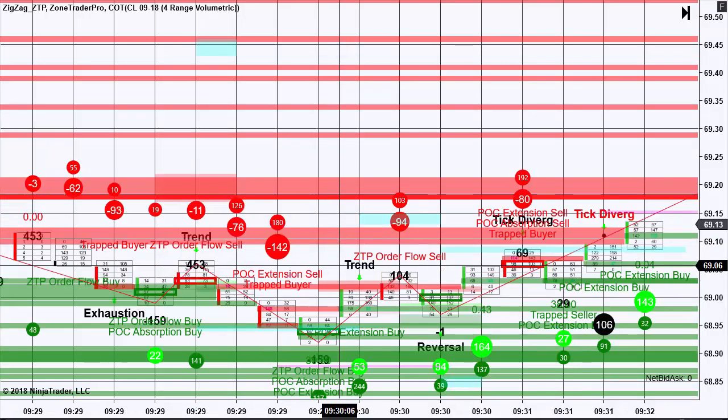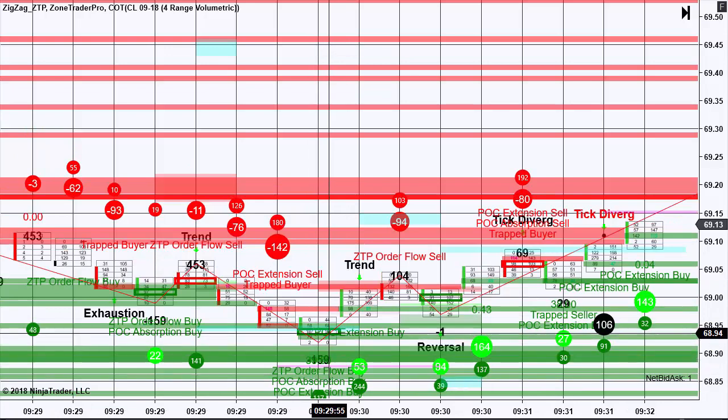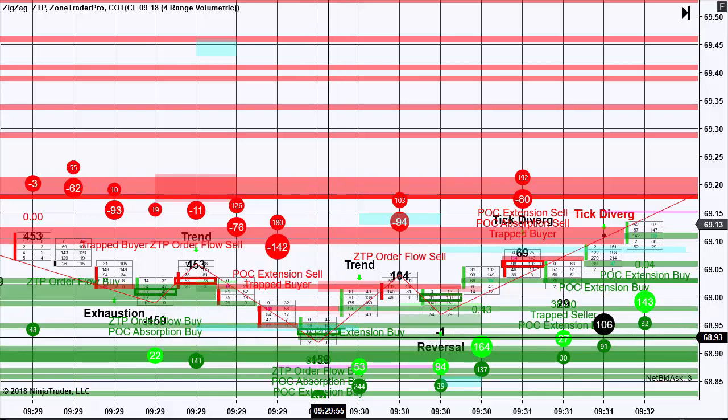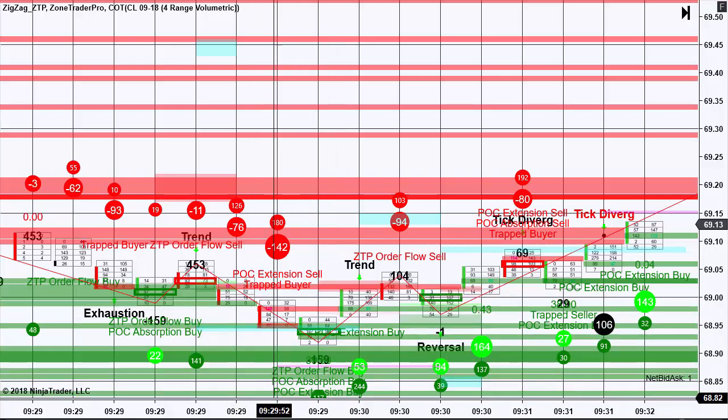The first extension zone to the buy side is created at this area down here, almost just one tick from the low. And down here we see again an excellent reason to get long, and that would be the ZTP order flow and both a point and control absorption and extension.